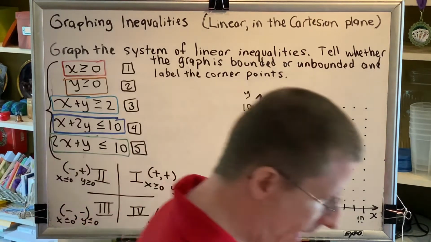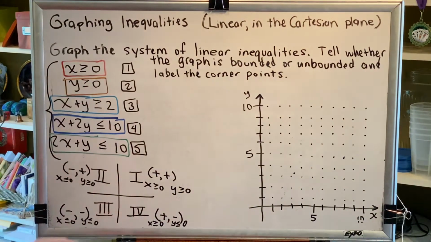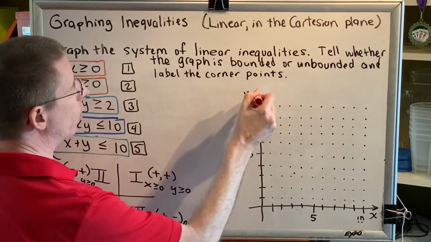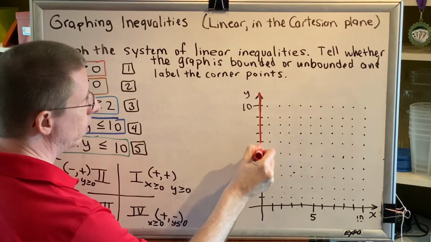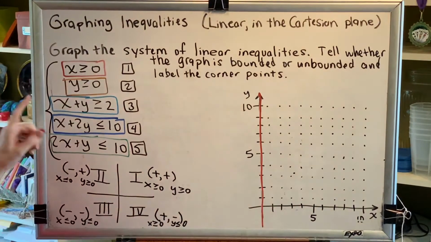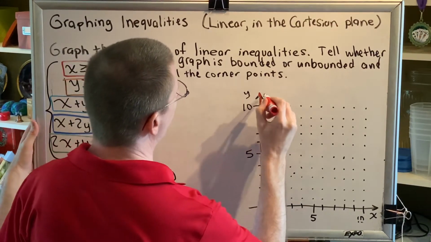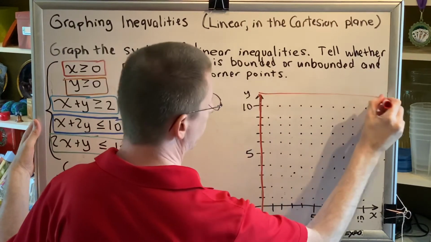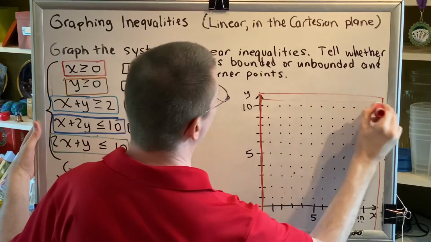So when we go ahead and create our lines, it's actually very easy. X greater than or equal to 0 is a vertical line, which is the y-axis. And because it says greater than, we shade to the right. So I'm going to box in my graph, and we're going to shade to the right.